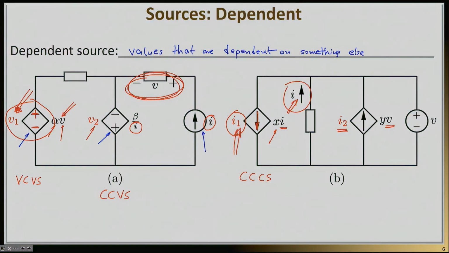And finally, this one here is a voltage-controlled current source, or VCCS. So all different combinations are here, and all different names are here. So once again, dependent sources, even though you may not have seen them before, are equally useful, equally good sources as the independent ones. The only difference is that the values of those sources depend on something else. But other than that, they behave and you deal with them like sources.